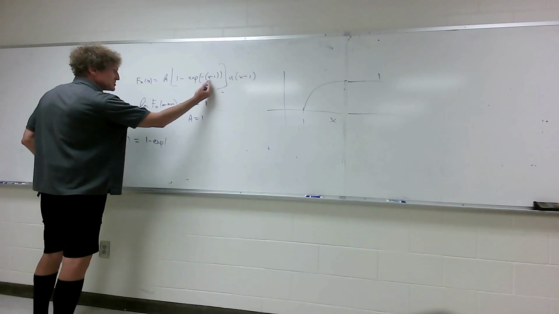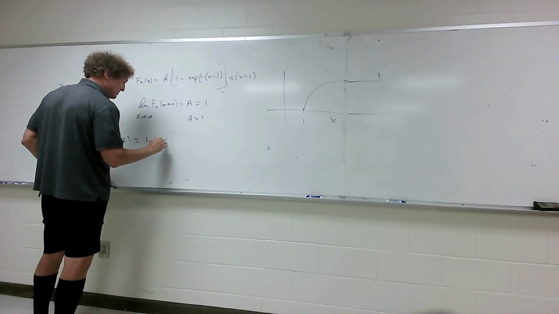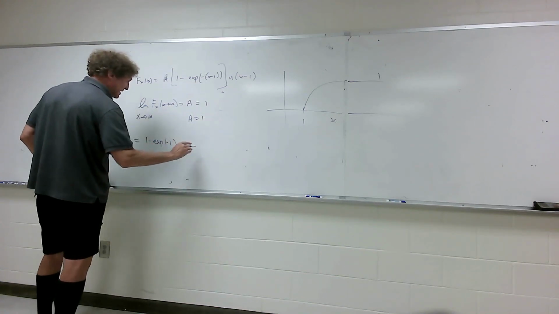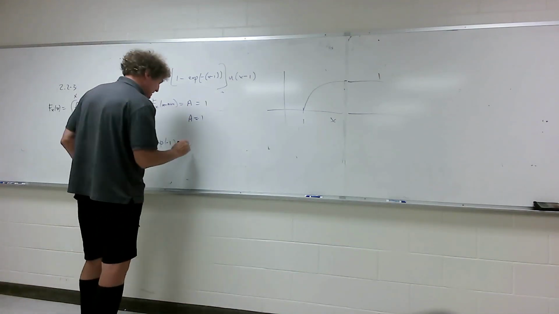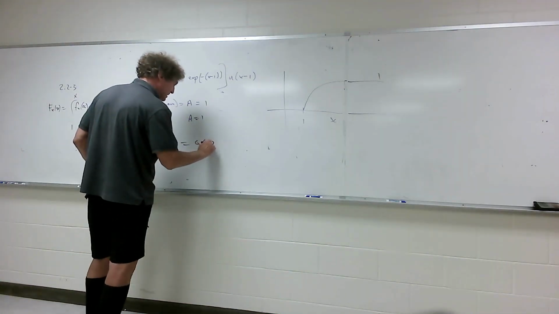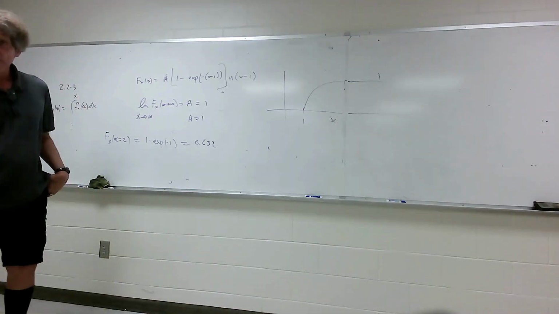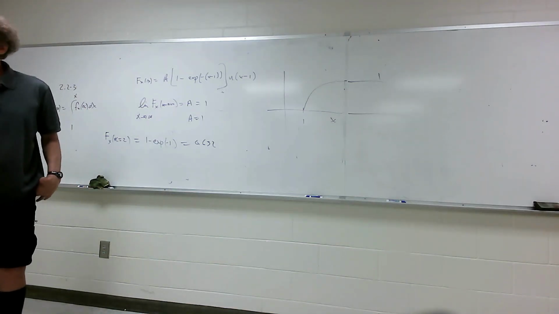If that's 2, 2 minus 1 is 1, so it's 1 minus e to the minus 1. And what is that? 0.632. Is that the right answer? Yes. Okay, this shouldn't be a hard one. What's the next part?